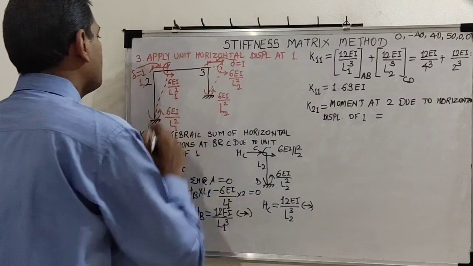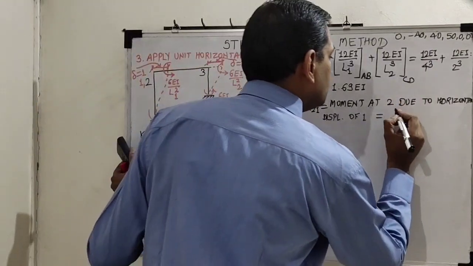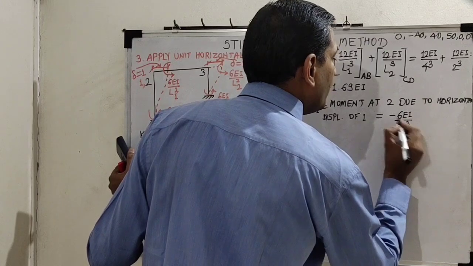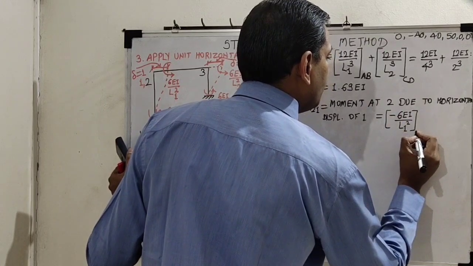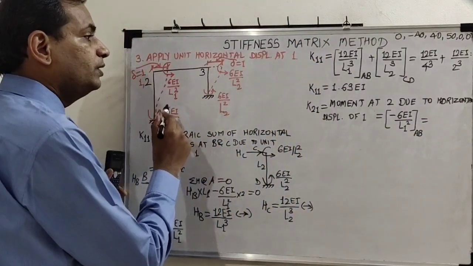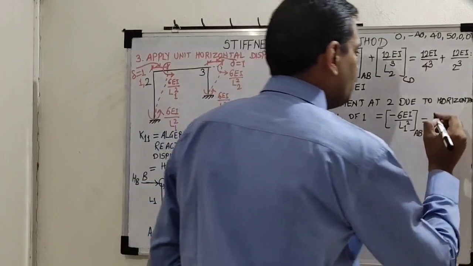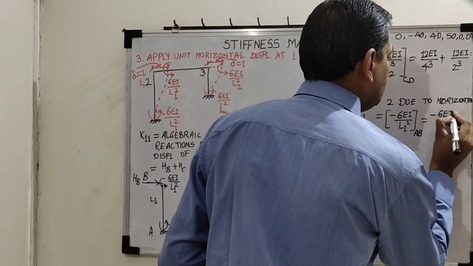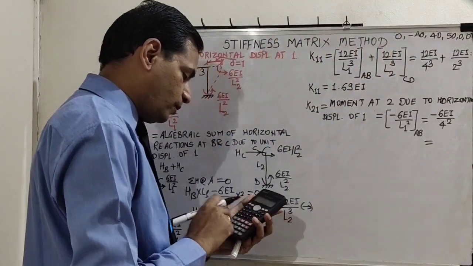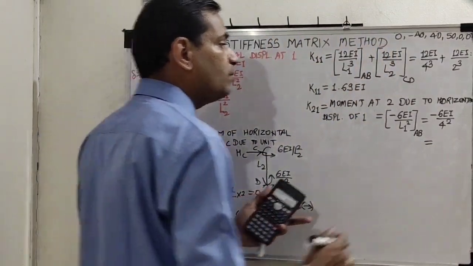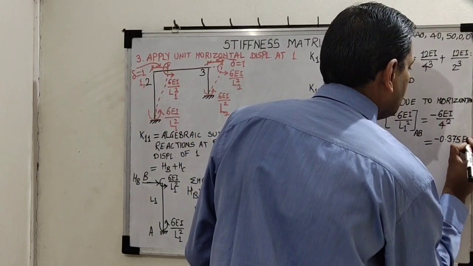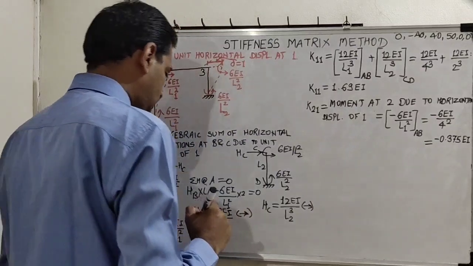How much is that? Minus 6EI upon L1 square. Why minus? Because it is anti-clockwise. So minus 6EI upon 4 square. How much is this? 6 by 4 square, so minus 0.375EI. It is K21.